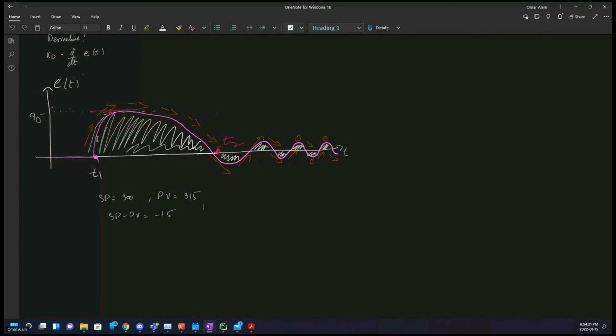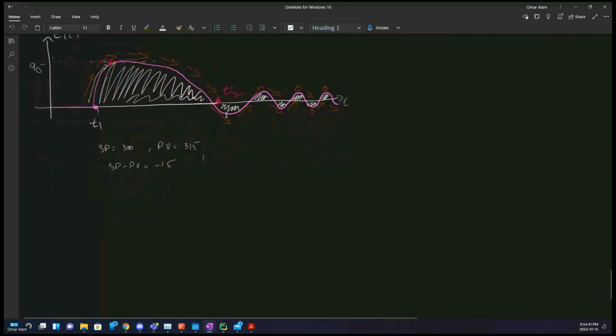And what happens is that when your system starts to oscillate like this, like over here after T2, that's when your oscillations start. The derivative is actually pointing in the opposite direction. When you're above the set point, your derivative function is actually negative.